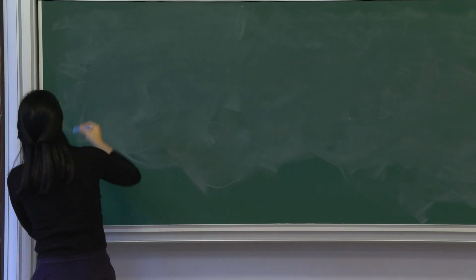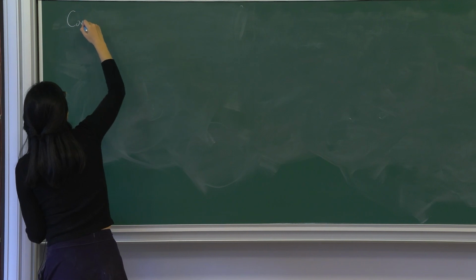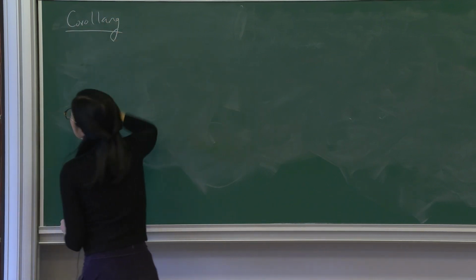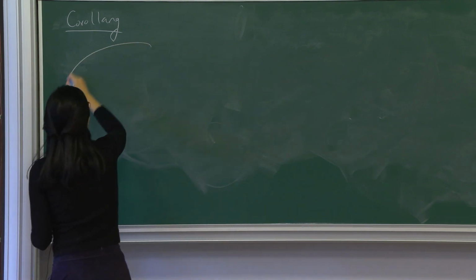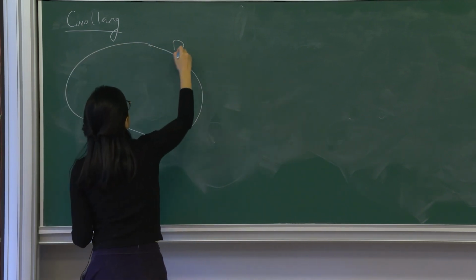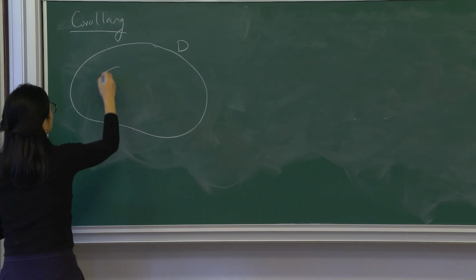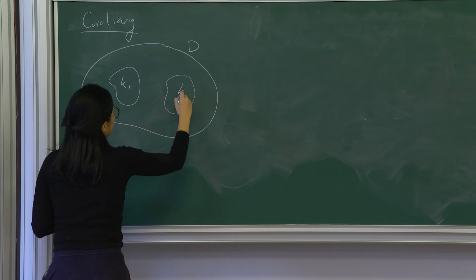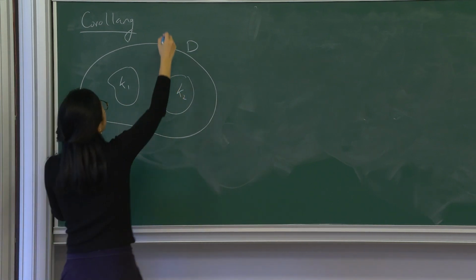Okay, corollary. Let's say this is my domain D, this is K1, K2, everything smooth.